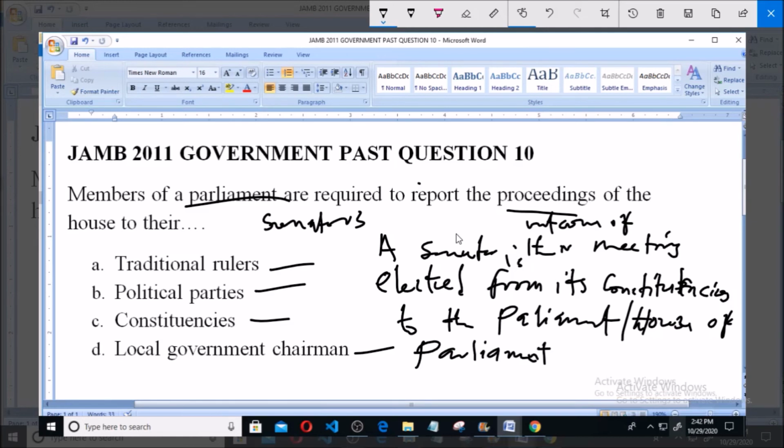So, since it is elected from constituency to the house of parliament, then it's expected in the same way to always give return or feedback to his or her constituency. So option C is correct.